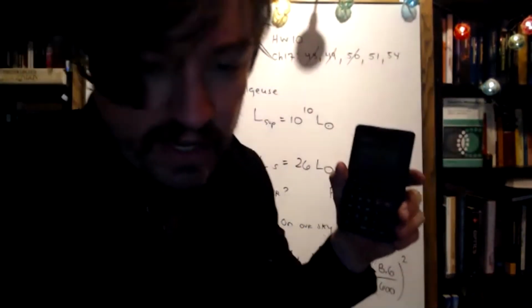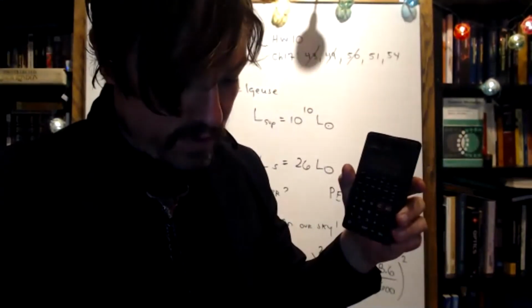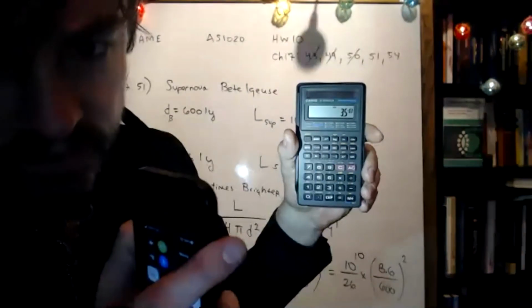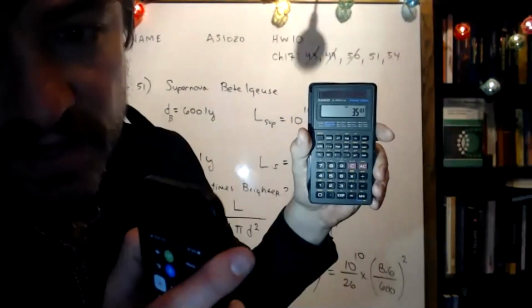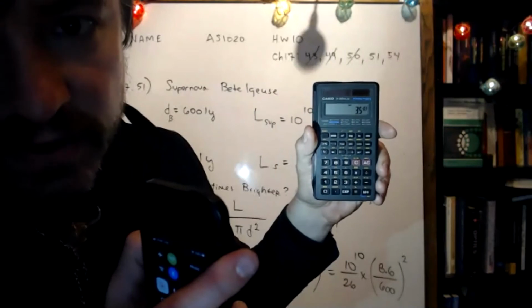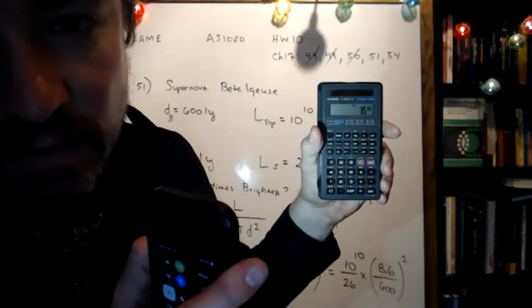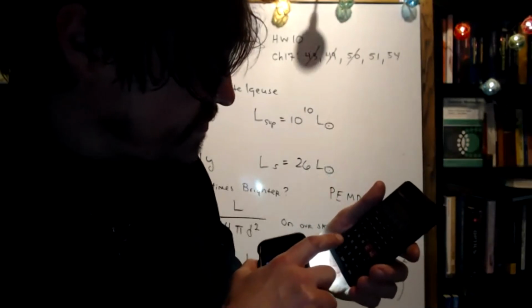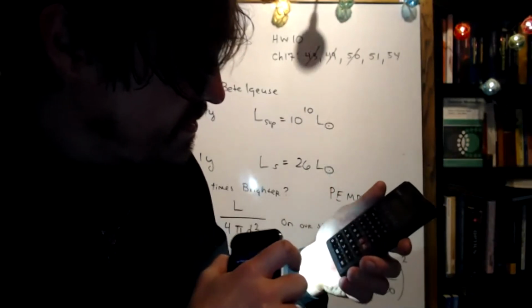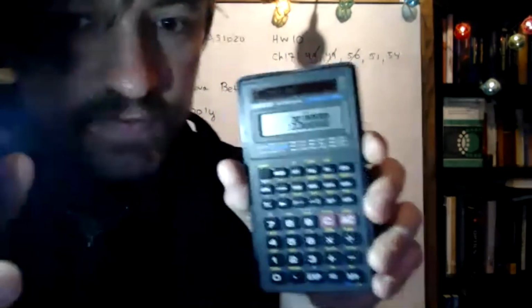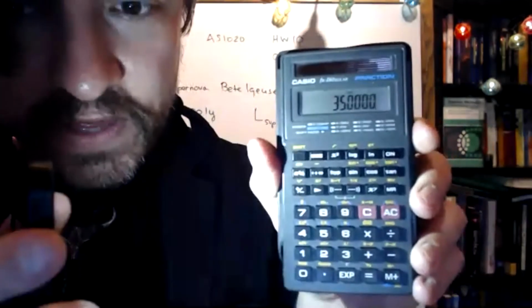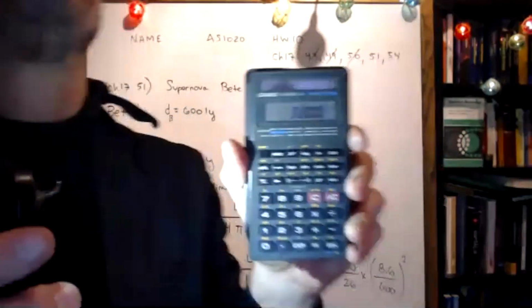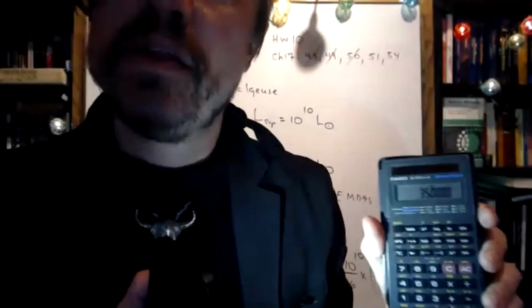My calculator is fading here. Hold on. That's the number of watts per square meter that the moon gives off. Now, I remember from a previous calculation that Sirius is like 10 to the minus 8 watts per square meter. So if I divide that by Sirius, 1 exp minus 8, the moon is roughly, yeah, it was correct. The moon is maybe, oh wow, that says the moon is 400 times brighter than Sirius.